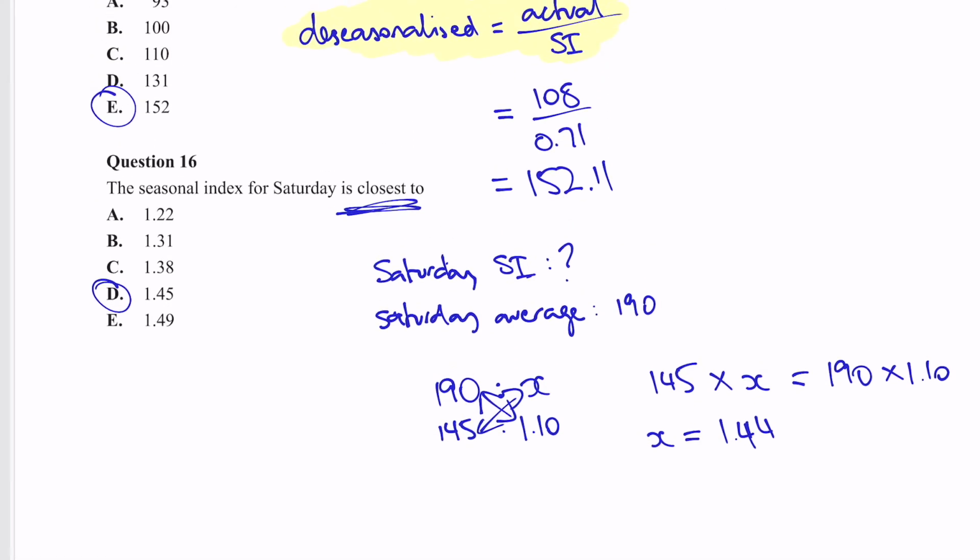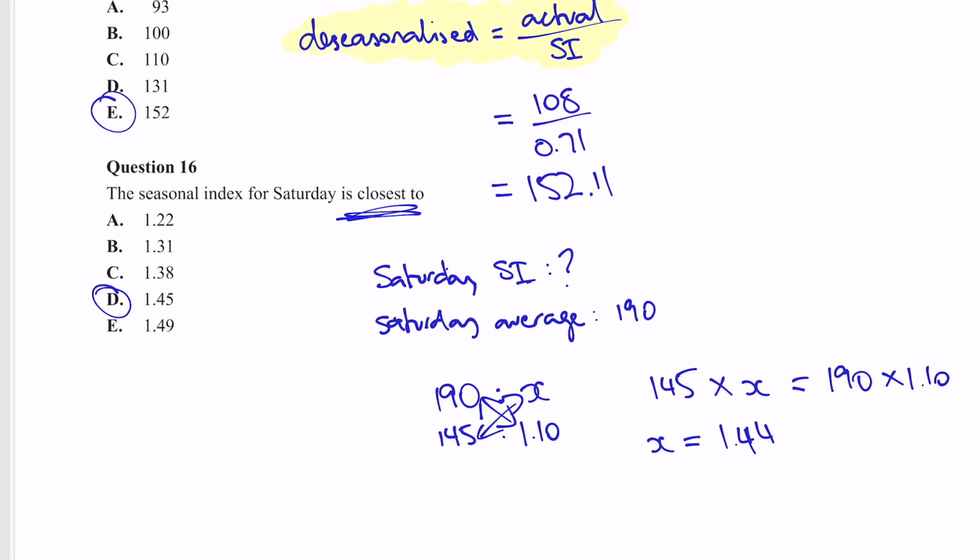We get our unknown, we set the ratio 190 to x because we want to find the seasonal index for the long-term average. That's why we put them together in ratios, and then we find another day of the week, and we say what the long-term average for that is and the seasonal index. Make sure when you're doing ratios to remember that the long-term average must be under each other. So everything must be together.